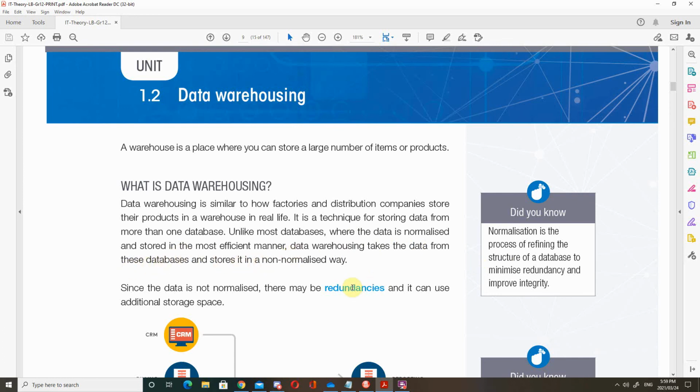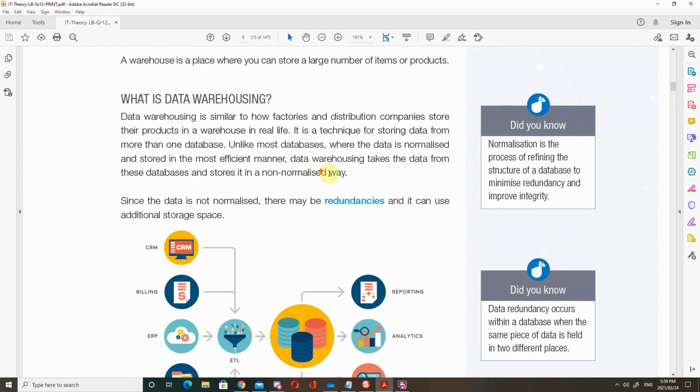So it will literally just take a lot of data from a lot of databases and just store them there. There won't necessarily be a good sequence to them, there won't be any relationships between the tables, it's just a large amount of data that's just stored here.